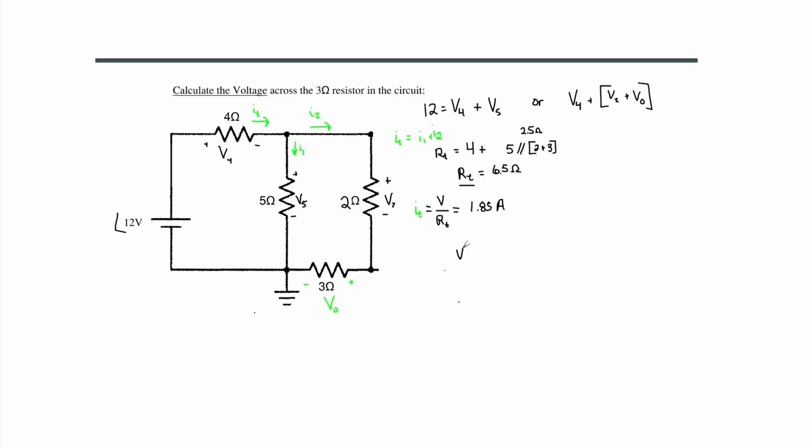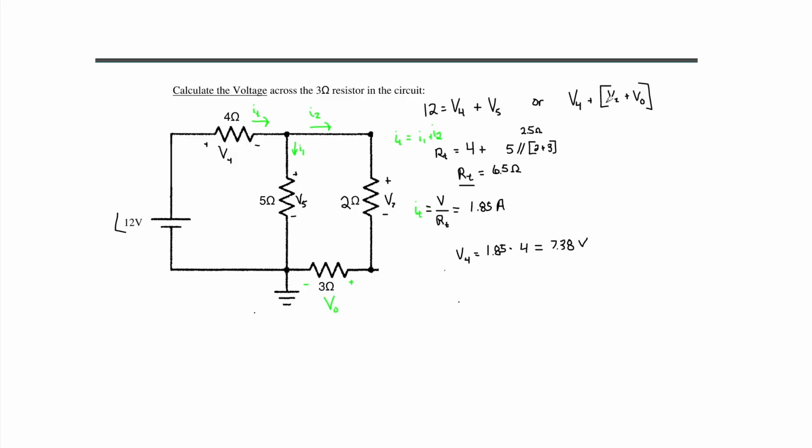That gives us V4 equals 1.85 multiplied by 4. That gives us 7.38 volts.